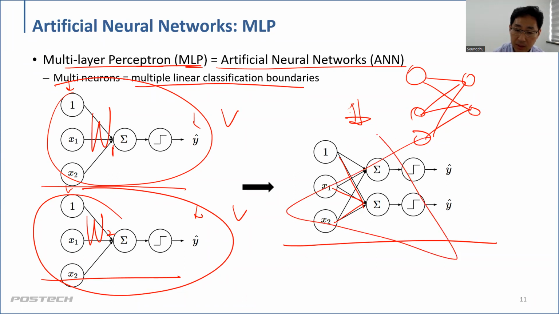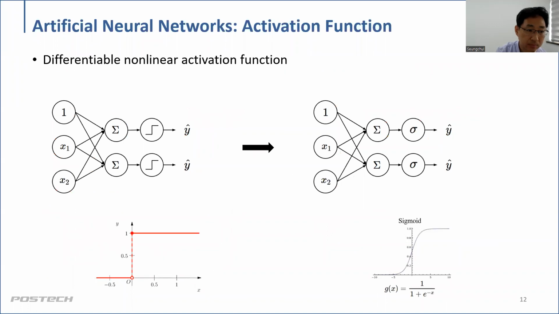I'm going to say there is another adjustment. Remember the statement from perceptron to logistic regression: in the perceptron, the nonlinear function was like this one. We don't like it because it's not differentiable.